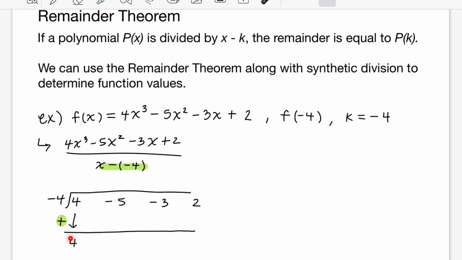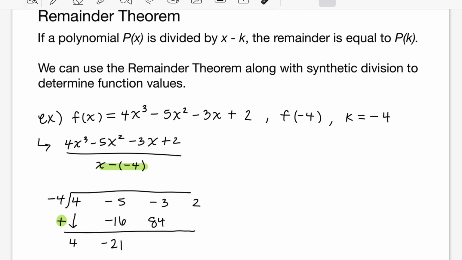So the first thing we'll do is multiply 4 by this minus 4 here. So we'll get minus 16. Negative 5 plus negative 16 is negative 21. Then we'll do negative 21 times this negative 4 here. And so we get positive 84 here.